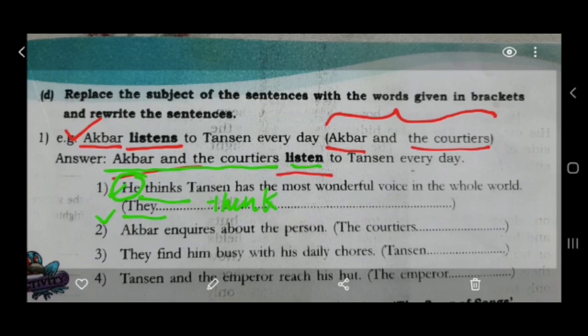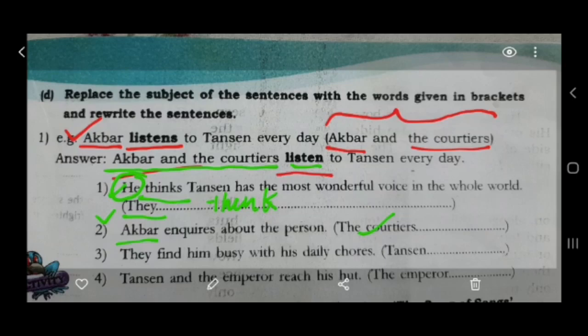Akbar inquires about the person. Now here the subject is Akbar. You should change the word Akbar with this word, the courtiers. When we change the subject, we have to look at whether it is singular or plural. And the third one, they find him busy with his daily chores.